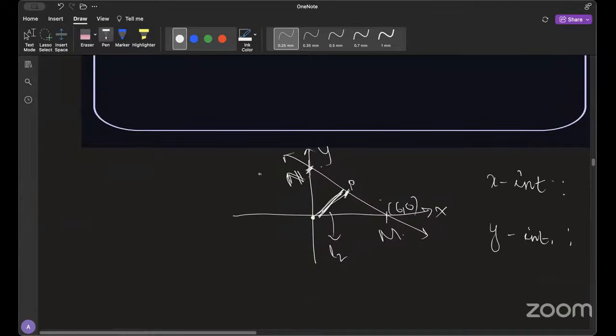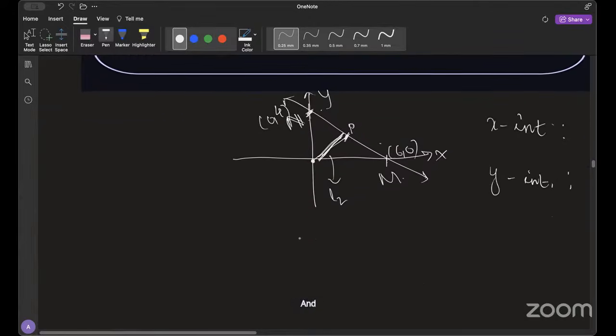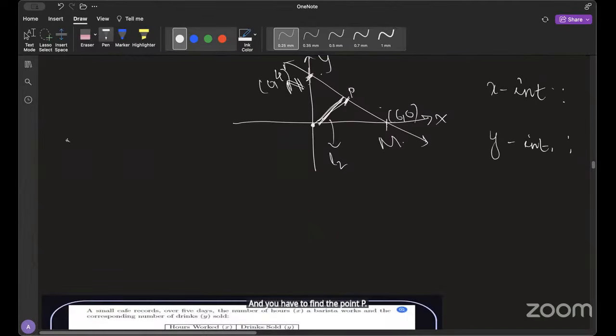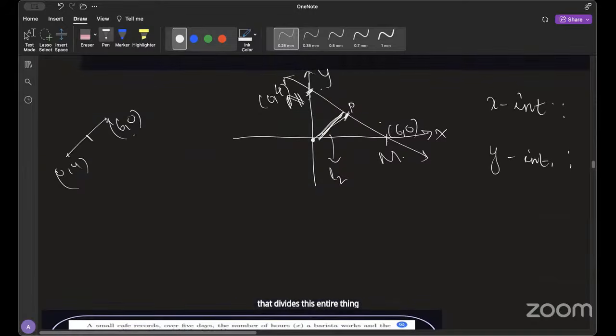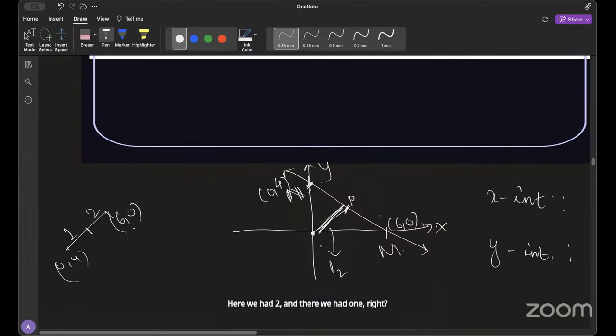This point is 0, 4. And you have to find the point P that divides this entire thing in the ratio. Here we had 2 and here we had 1, right? Yes.